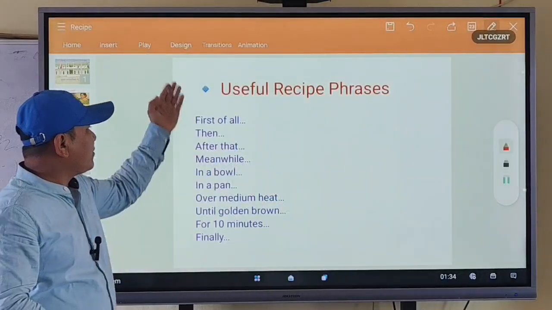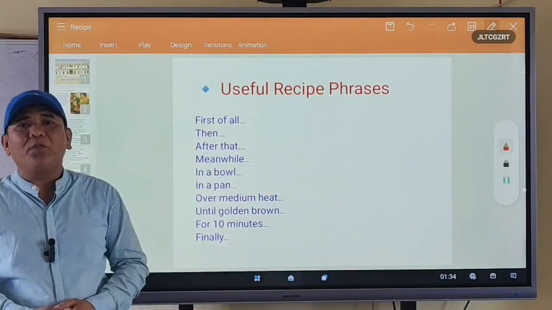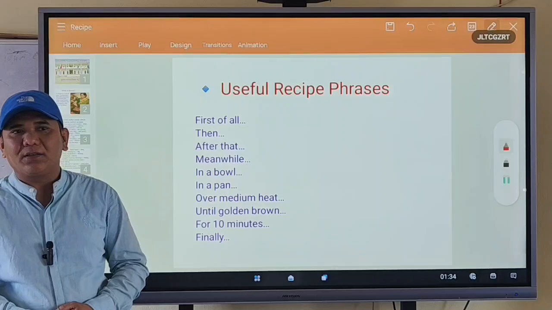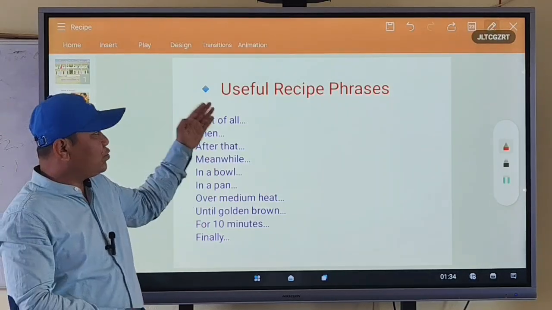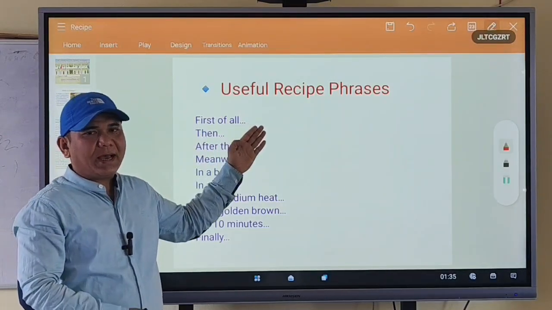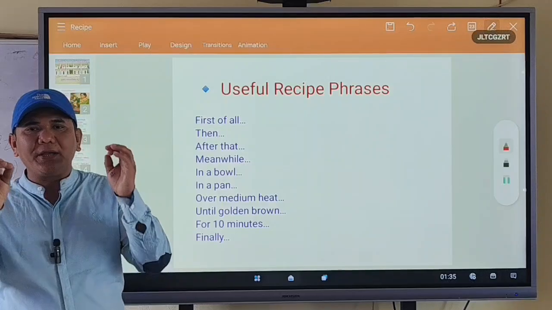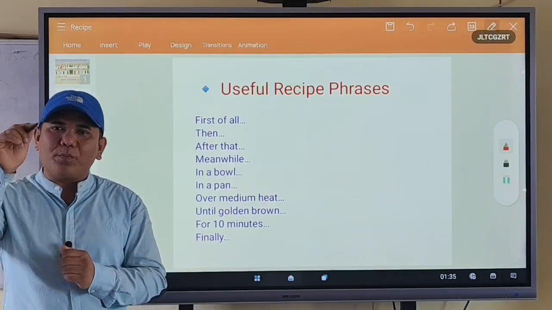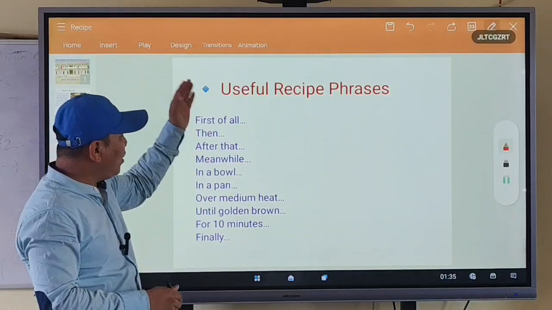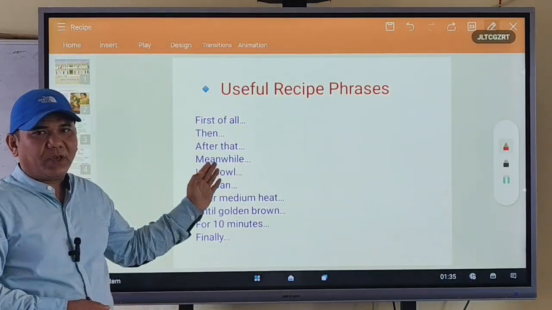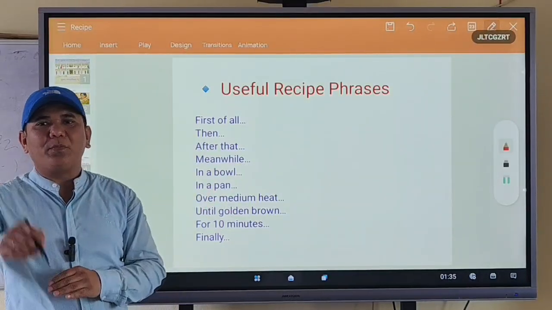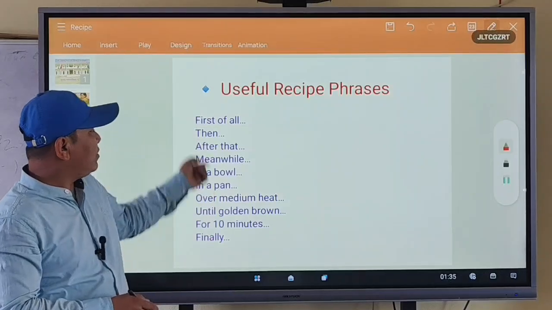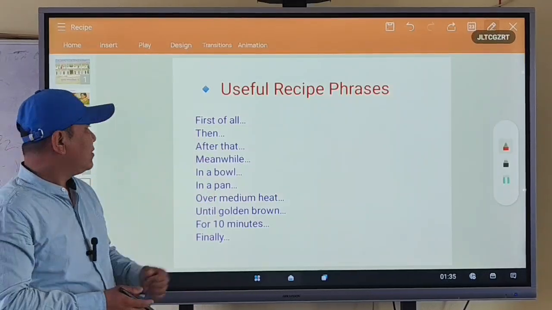These are some useful phrases that I have told you, to write a recipe in a proper and organized way. You must keep all these phrases in your mind. You must memorize all these phrases.